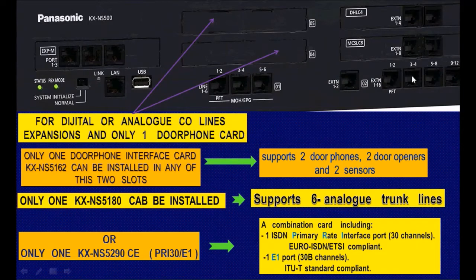Main unit comes with 6 analog trunk interface and slot 4 and 5 for digital or analog CO line expansion, and only 1 door phone card. So the rule is we can use only 1 door phone card per unit.